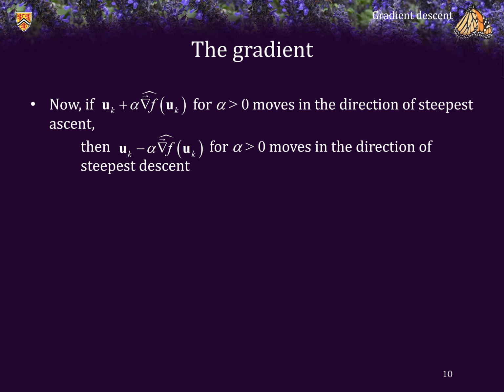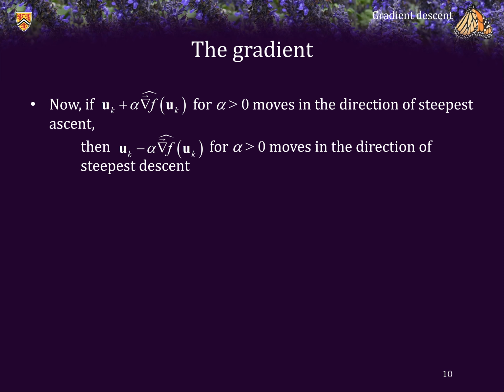All right, so if we are at a point u sub k, and we then consider points u sub k plus alpha times the normalized gradient at that point, then for alpha greater than 0, this moves us in the direction of steepest ascent.